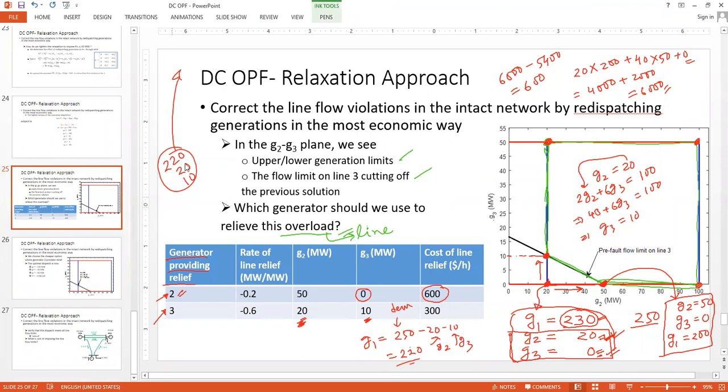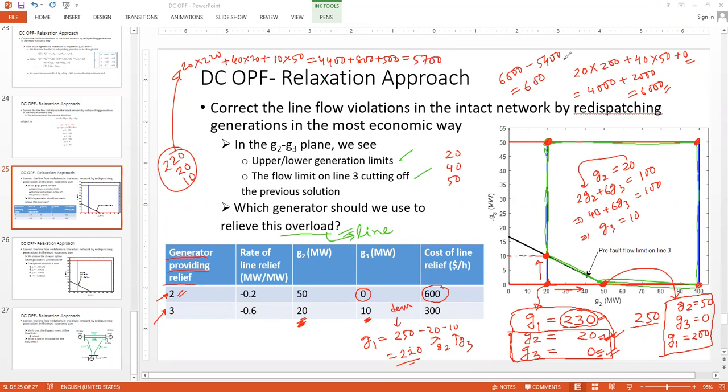So let me write down the cost here. 20 into 220 plus 40 into 20 plus 10 into 50. So how much is it? It is 4400 plus 800 plus 500. So it is 4400 plus 1300. So it is 5700 total.